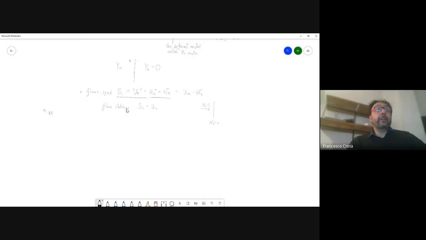So in a flame-stationary frame, the flame speed is exactly equal to the incoming fresh mixture flow velocity. You keep this flame stationary, at zero velocity here, and you have a velocity here of the fresh mixture that is enough to stabilize the flame.